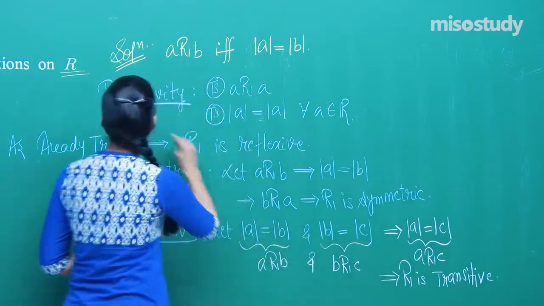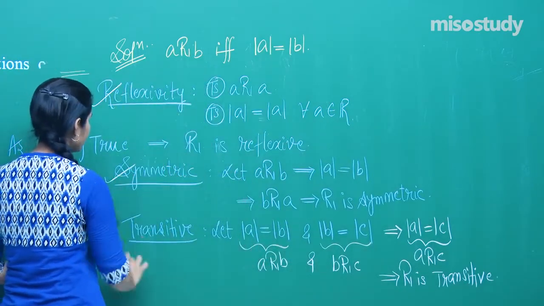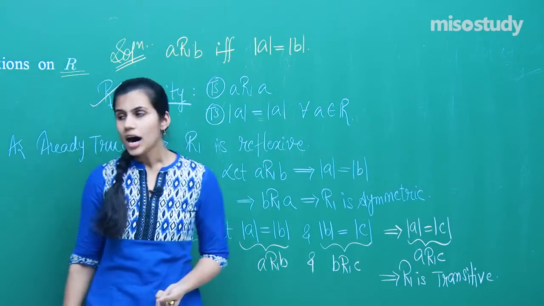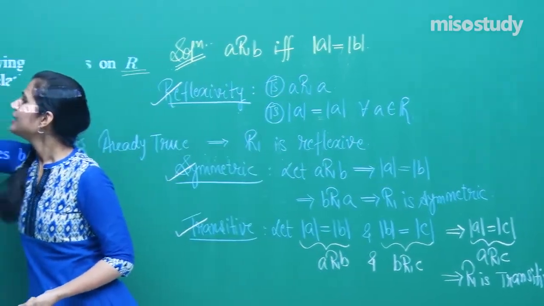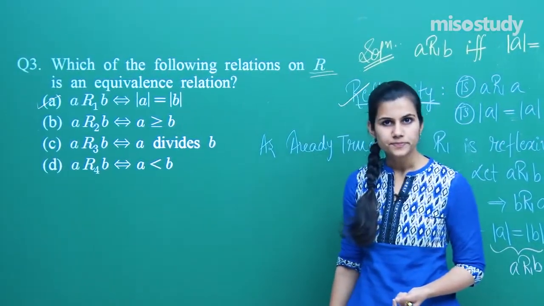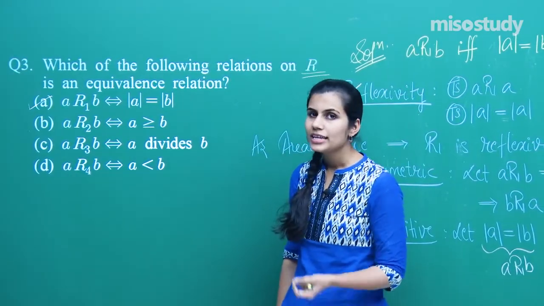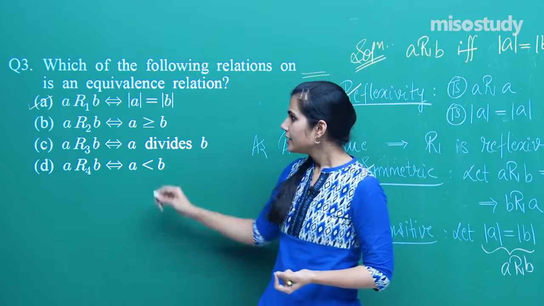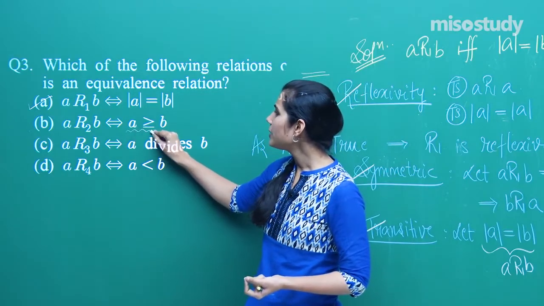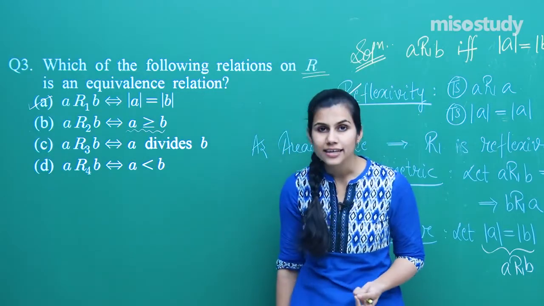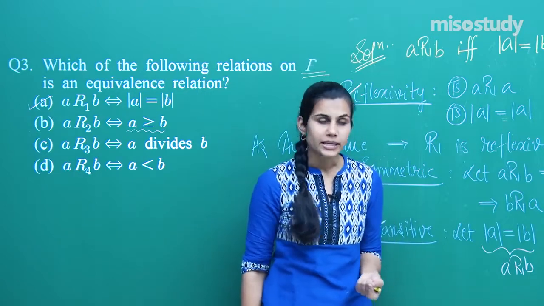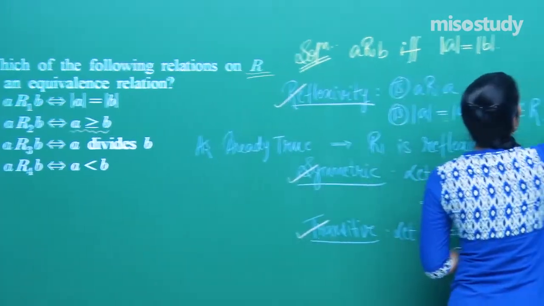Because R1 is reflexive, symmetric and transitive, R1 is an equivalence relation. Let us see if R2 is an equivalence relation or not. Here it is saying A is related to B if and only if A is greater than or equal to B. Well, that is my R2.